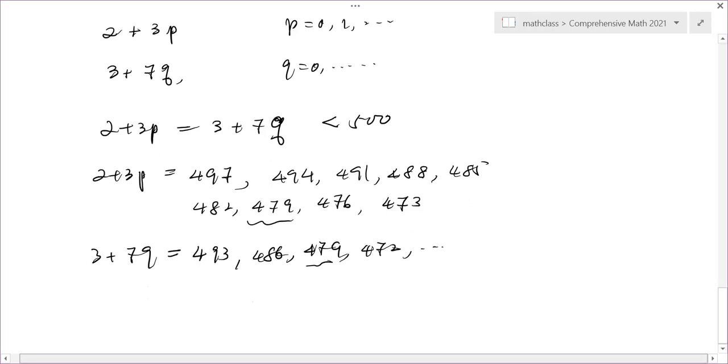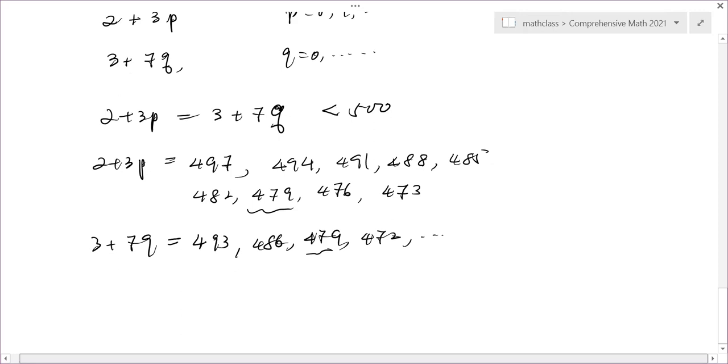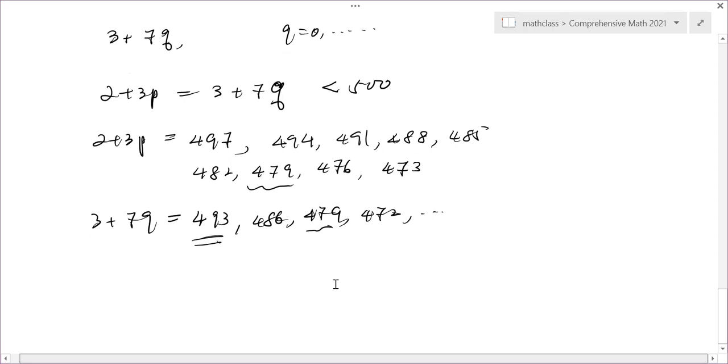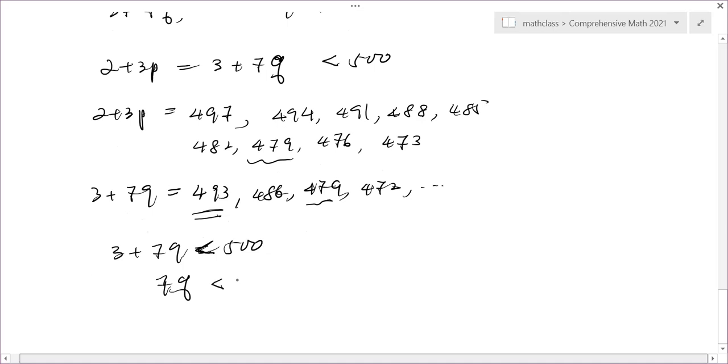So how do you find the largest number which is in this form? You subtract 7 each time. The way we do it is to solve this inequality: 3 plus 7q is less than 500. Then 7q is less than 500 minus 3, which is 497.